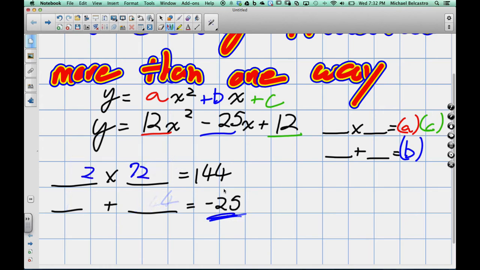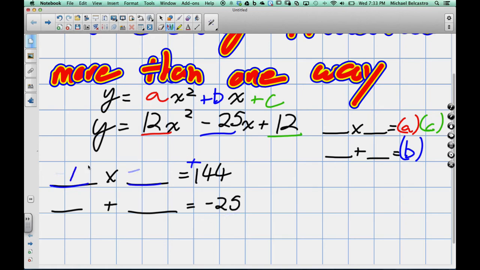And let's think about this. These are all positive values, and this has to be negative. I know that I can multiply two negatives by each other and come out with a positive number. So both these numbers are probably going to need to be negative. So we have to use some intuition there.